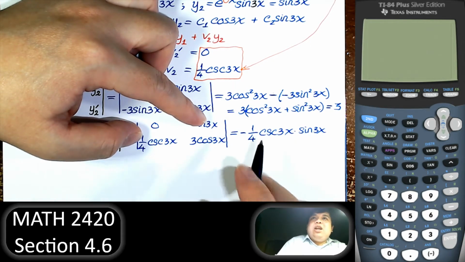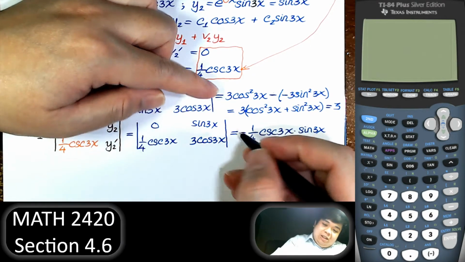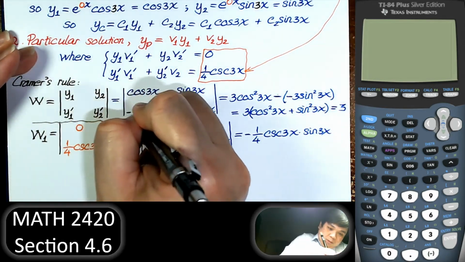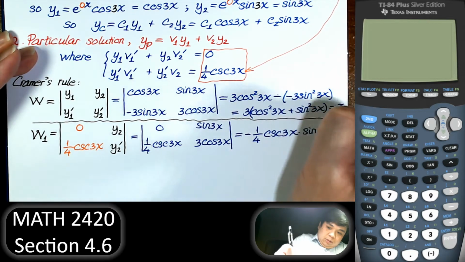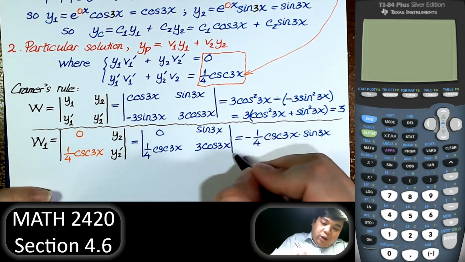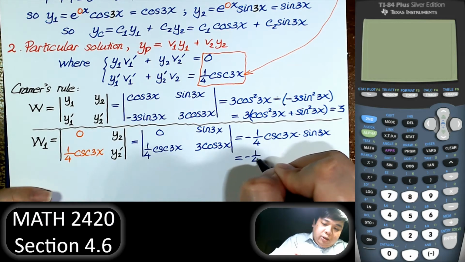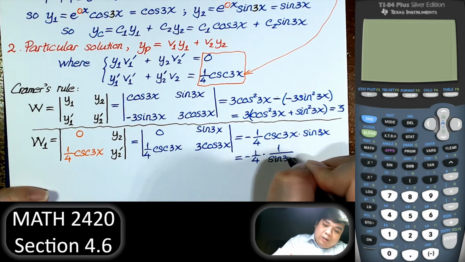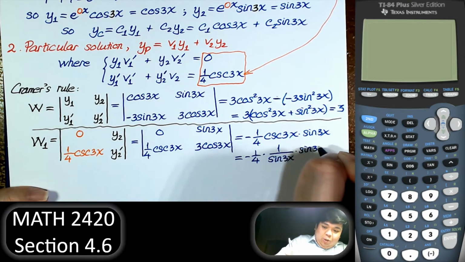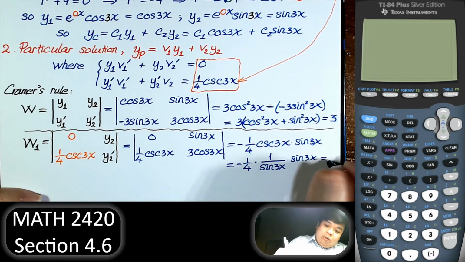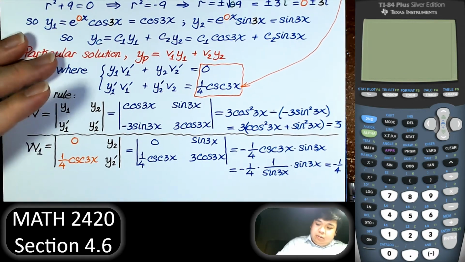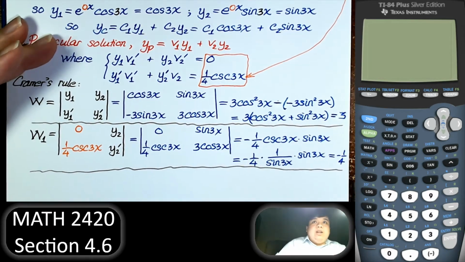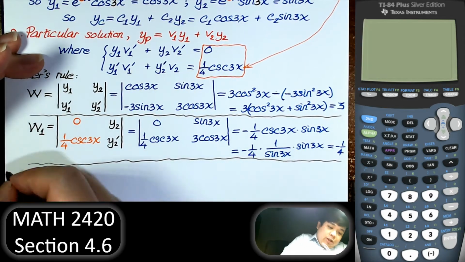Now, cosecant is 1 over sine, right? So conveniently they cancel out. We have negative 1/4. So that is W1.